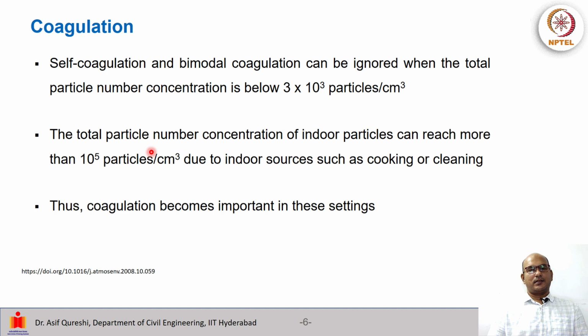But when we are cooking or cleaning, the particle number goes much higher than this 3000 threshold. The total particle number concentrations of indoor particles can reach more than 10 to the power 5 particles per centimeter cube due to indoor sources such as cooking and cleaning. So in these cases, coagulation becomes more important, or takes place.